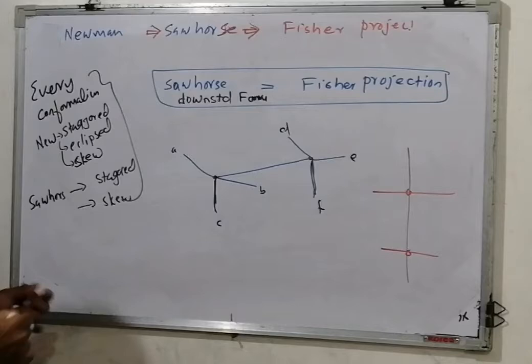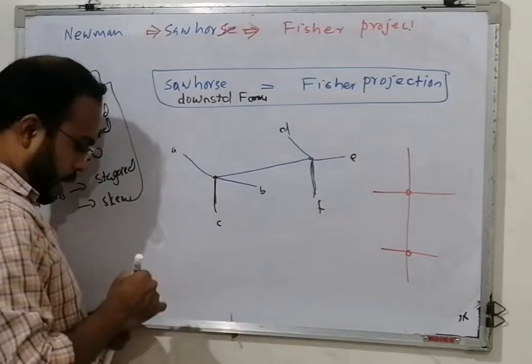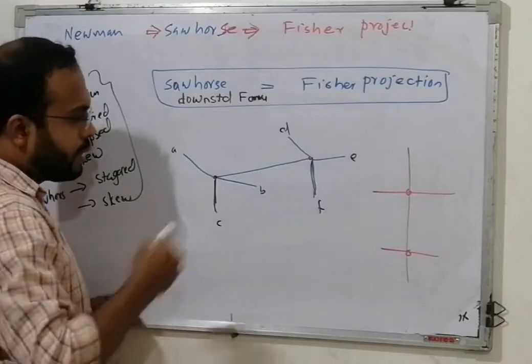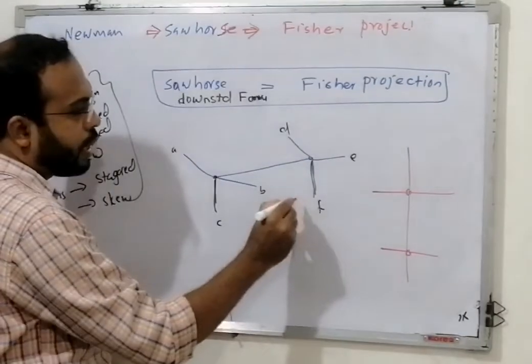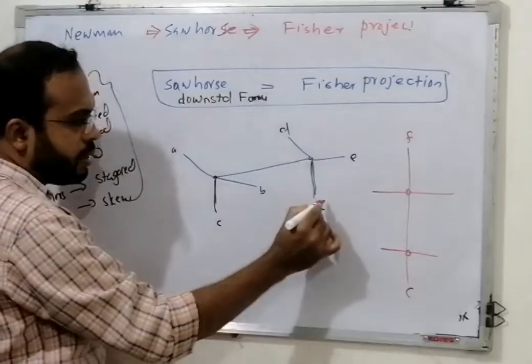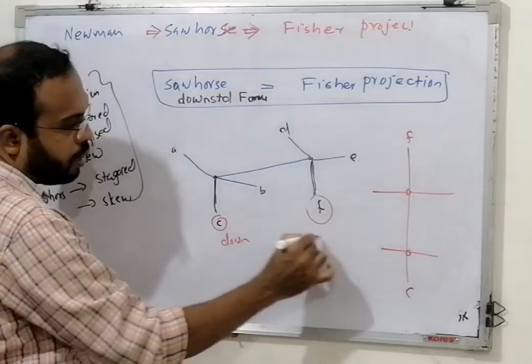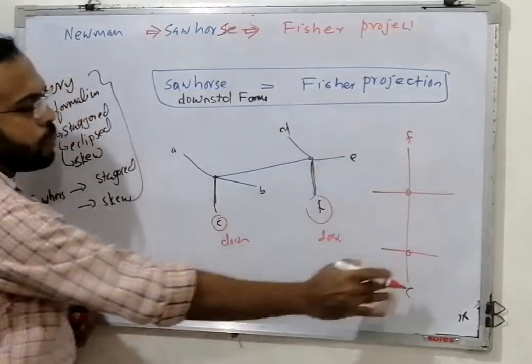Now your vertical line, this is the vertical line. Two chiral centers. Therefore you can write here F, here C, or CF. But this down should be the vertical line. Down, down, down should be the vertical.